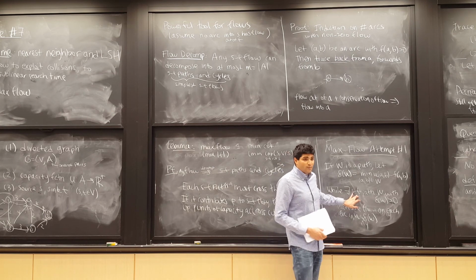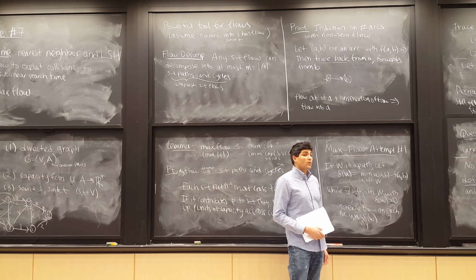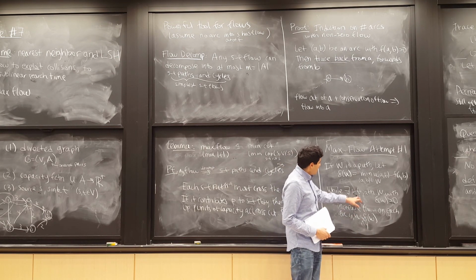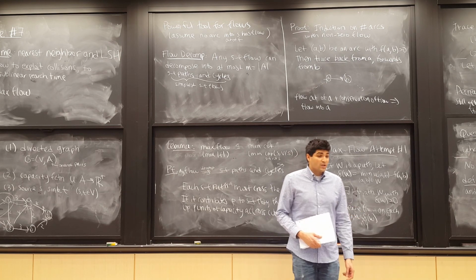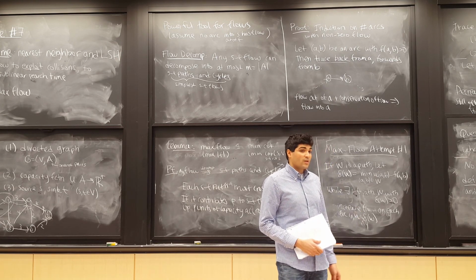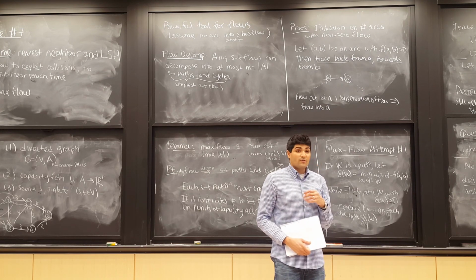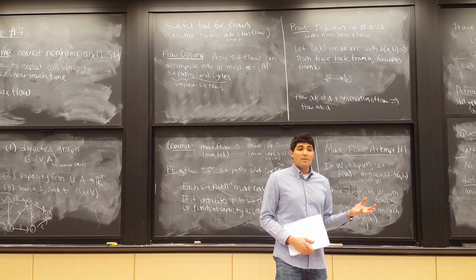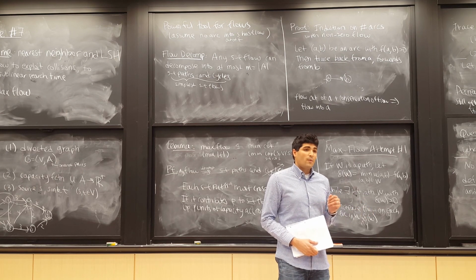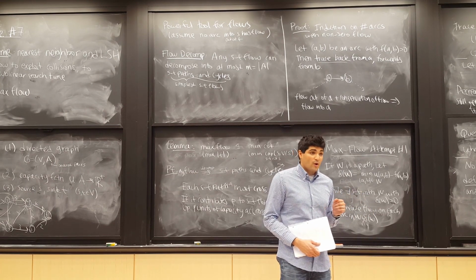And if I did have such a path, for sure I could increase the flow in this way. By augmenting the values of the flows along these arcs, I really would get something with a strictly larger flow value. So right now, this is just an approach of, given something that may or may not be a max flow, looking for a simple procedure to try and increase the flow value.